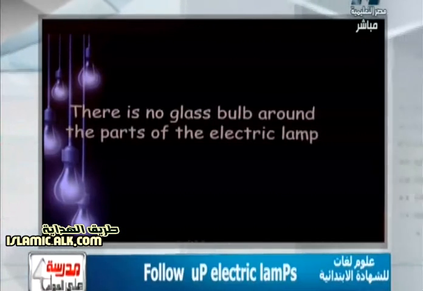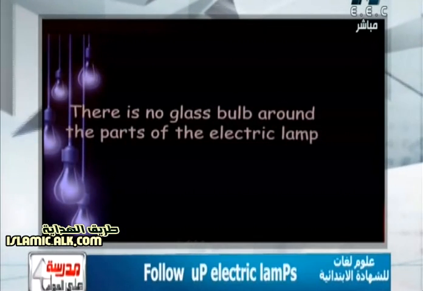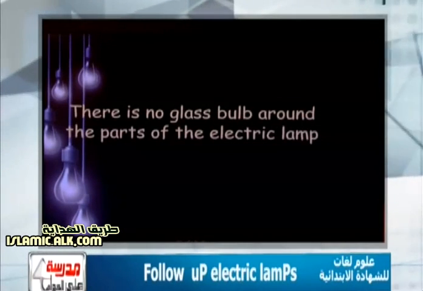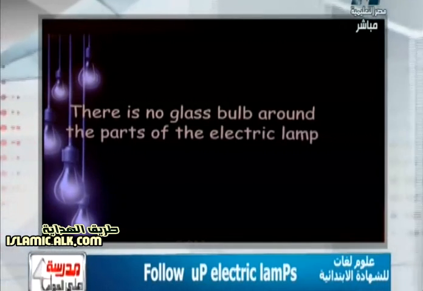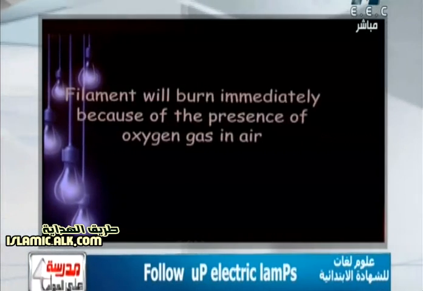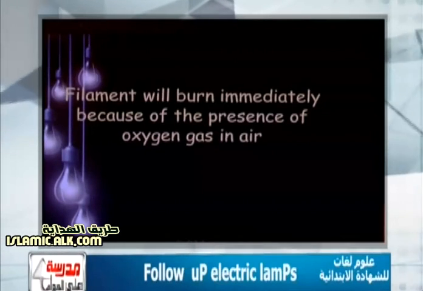What happens if there is no glass bulb around the parts of the electric lamp? Surely the answer would be that the filament will burn immediately because of the presence of oxygen gas in air.